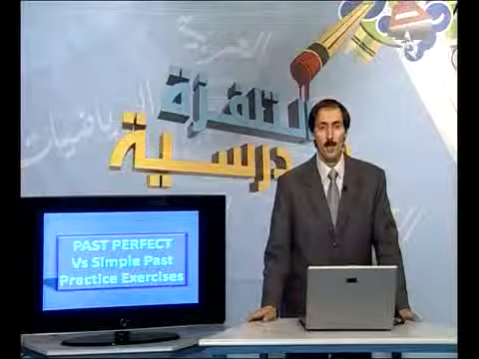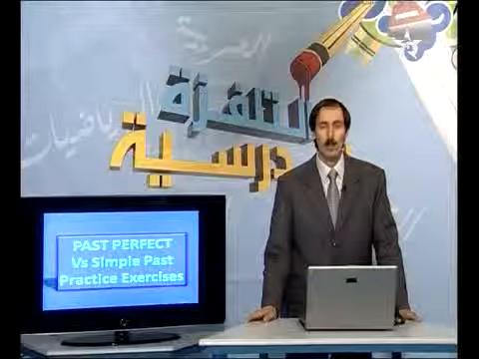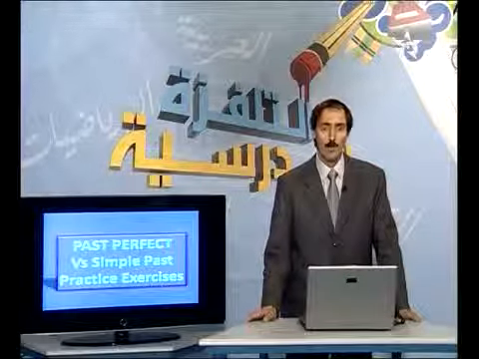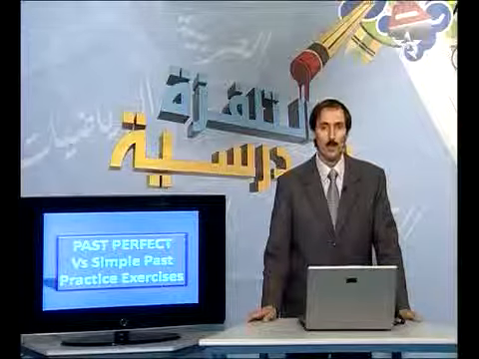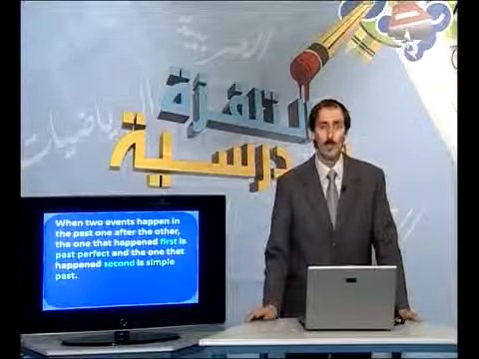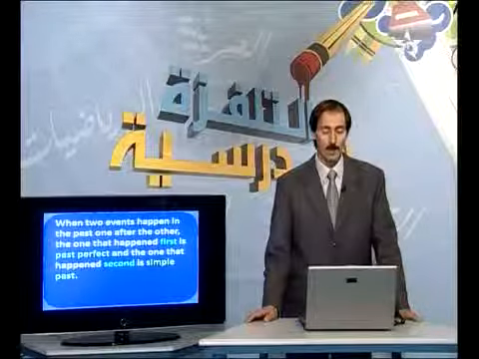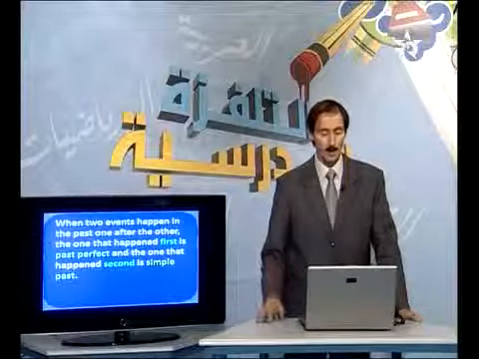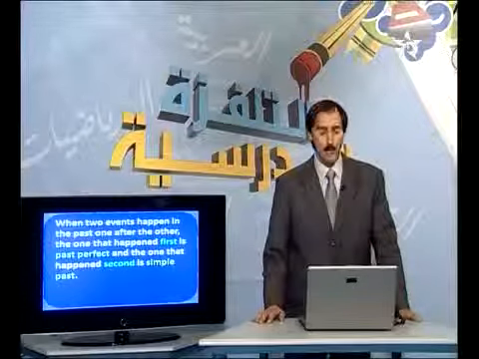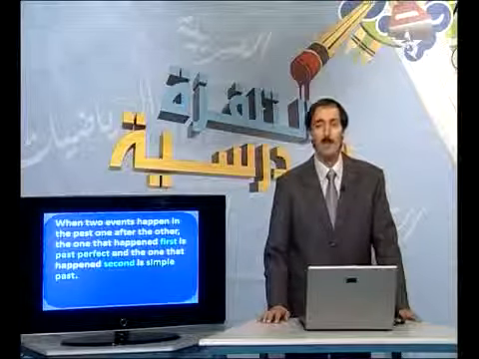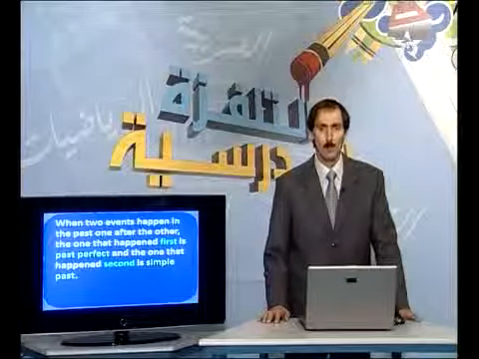I'd like to remind you that both the simple past and the past perfect actions happen in the past. To put it in very simple English, when two events happen in the past, one after the other, the one that happened first is past perfect, and the one that happened second is the simple past.